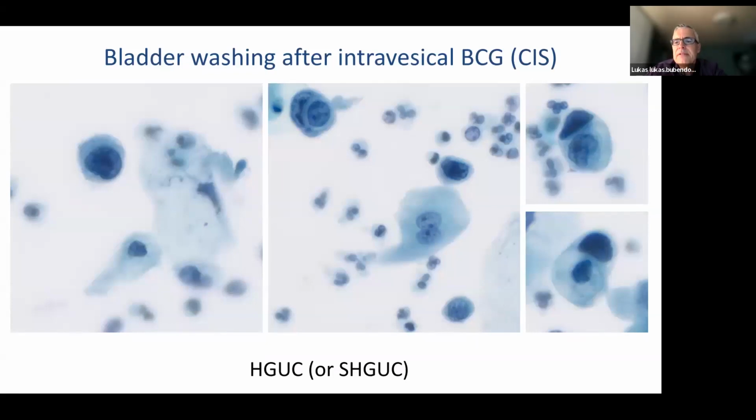The NC ratio is not very high in each of those cells, but overall you call these, but it's quite a low number of cells. Now you have the choice. I would call that high-grade urothelial carcinoma, but it's not totally wrong to call it suspicious for high-grade if you have less than 10 of these cells. Here we are around 10.